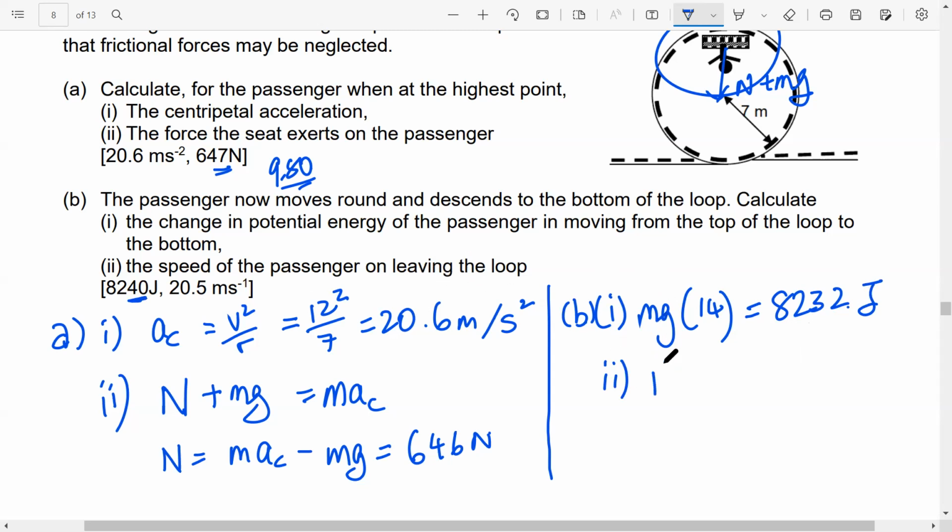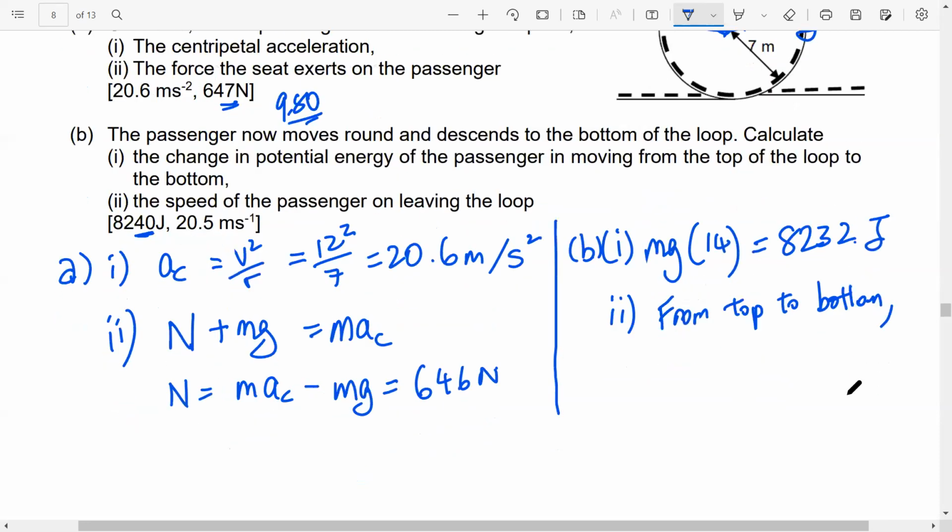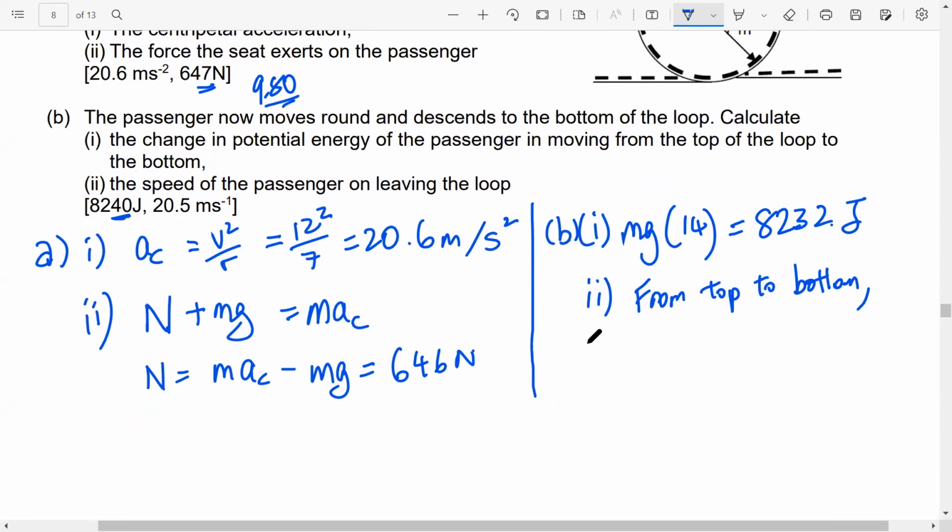Now, from top to bottom, you can choose from bottom to top or top to bottom. It really doesn't matter. In this case, there will be a loss in GPE, which is equal to the gain in KE.